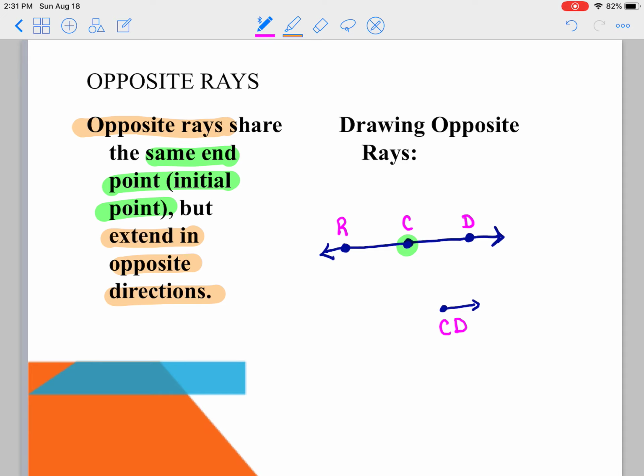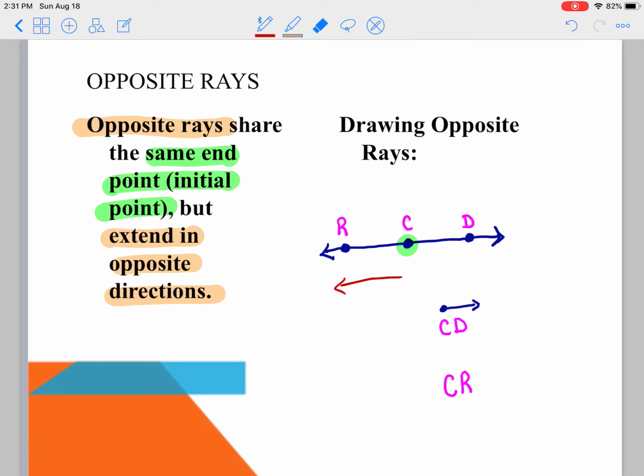Now I have two rays, ray CD, but now let's name my second ray. Don't get tricked by the thought of it. Where's my initial point? Remember, rays always begin the naming convention with the initial point. My initial point is still C. What direction is it moving toward? The second ray that I drew is moving toward R, even though this is moving to the left.